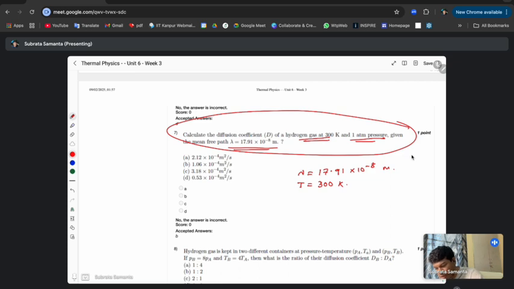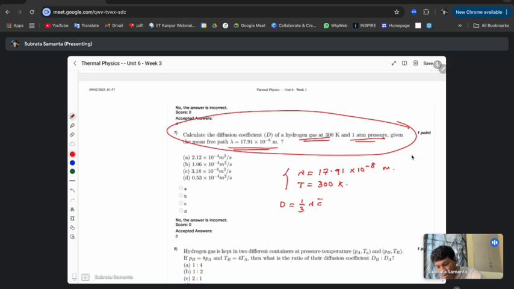Pressure is not needed because the diffusion coefficient D is basically 1 over 3 lambda C average. So we only need the temperature and lambda.